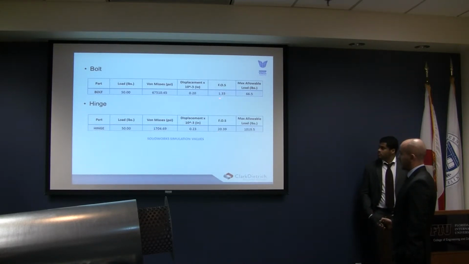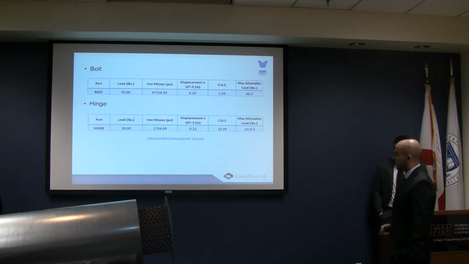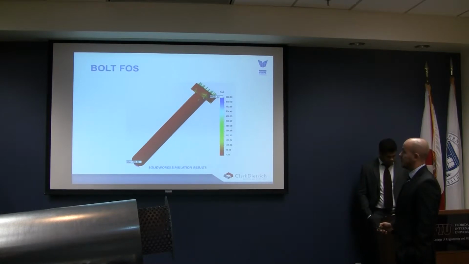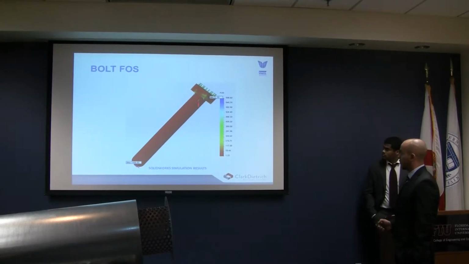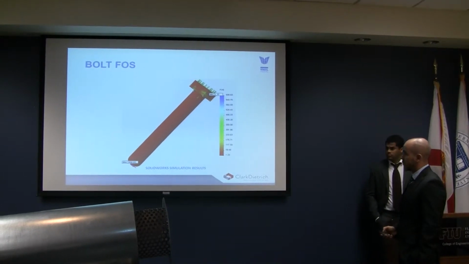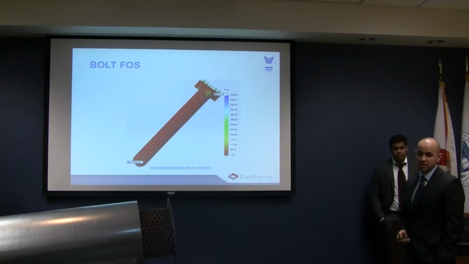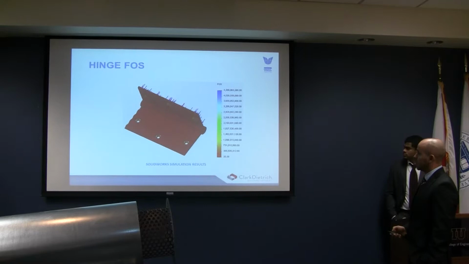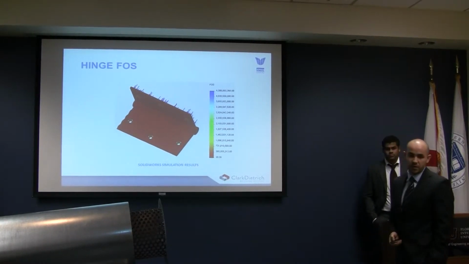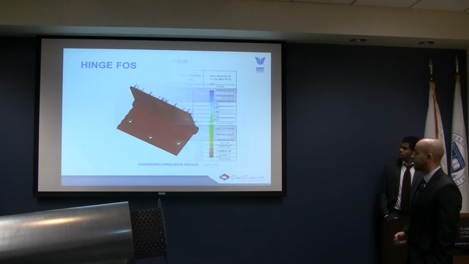The factor of safety for the bolt is 1.33, and for the hinges it is over 20. This is how we did the stress analysis on the bolts: we fixed it at the head, and then we put the load on the tip of the bolt. This is the worst case scenario on one single bolt. We did the same thing for the hinges, and like I mentioned, 20 for factor of safety.